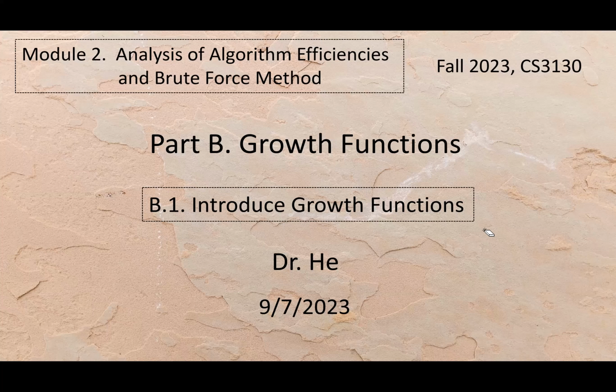For the running time, we use this function, T of n, capital T, T of n, with n the problem size. Second function, the number of basic operations. So we count the number of basic operations, and we use this capital C function, C of n.